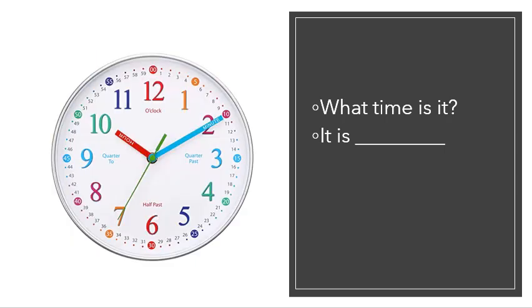Alright. So now, bonus. What time is it? So dia punya long hand is on 10th and the short hand also on 10th. So pukul berapa? What time is it?